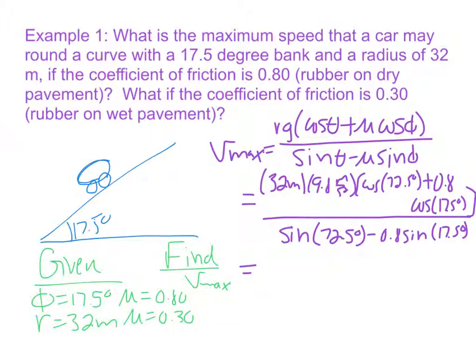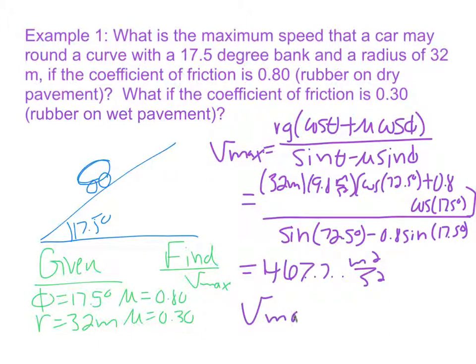Biggest thing here is making sure that you put everything in your calculator correctly. I honestly recommend doing this in several parts just to make sure that you're not making a mistake by forgetting a parenthesis somewhere, instead of trying to put this whole big blob of numbers into the calculator at the same time. So once you do the calculation, you should get that v squared, for the 0.8, equals 467.7, keeps on going, meters squared per second squared.